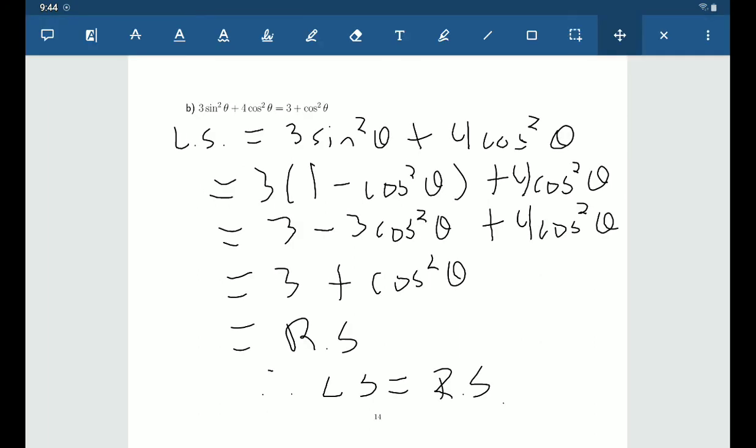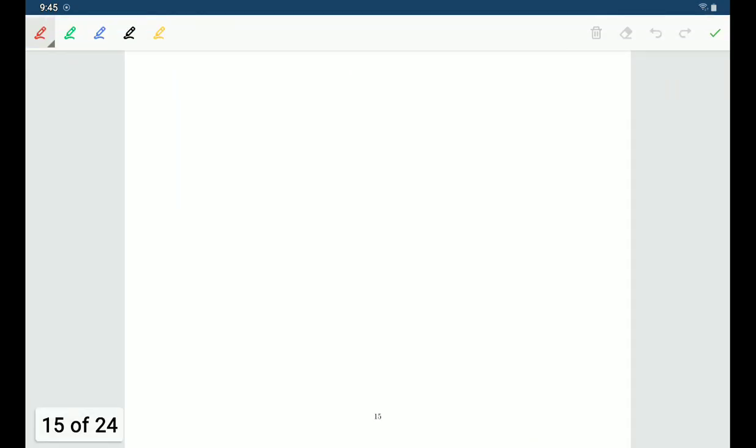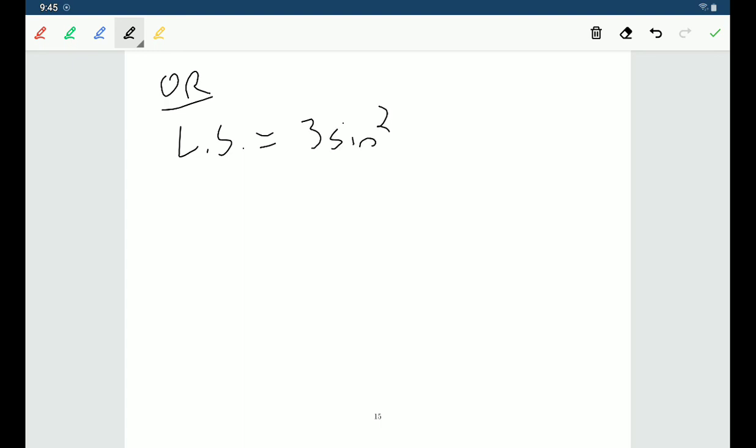I want to show another way that you could do the same sort of thing. And so here, I'm going to do the left side again, but I'm going to do something different. Or, we could start with the left side, which was 3 sine squared theta plus 4 cos squared theta.